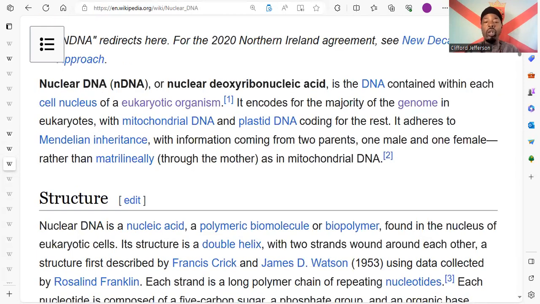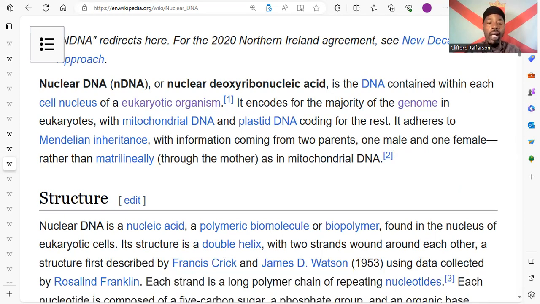Nuclear DNA, or nuclear deoxyribonucleic acid, is the DNA contained within each cell nucleus of a eukaryotic organism. It encodes for the majority of the genome in eukaryotes, with mitochondrial DNA and plastid DNA coding for the rest.